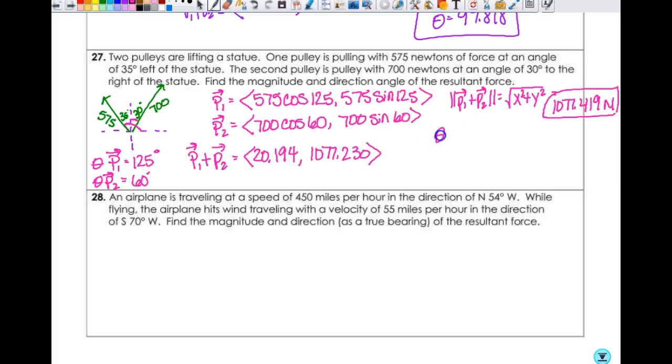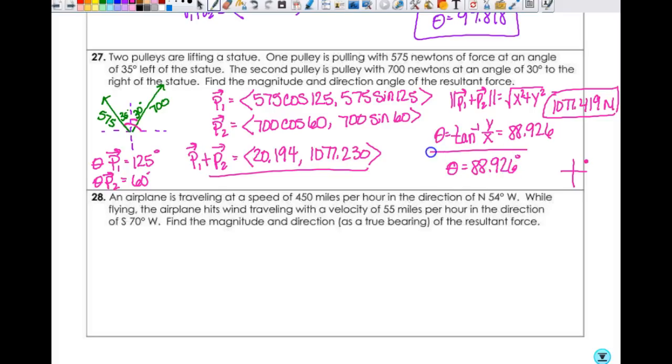And then theta is equal to the tangent inverse of y over x. That gives me 88.926. Right, well, this is my resultant right here. It's directed towards the first quadrant. That's a first quadrant angle. So my theta is 88.926 degrees.